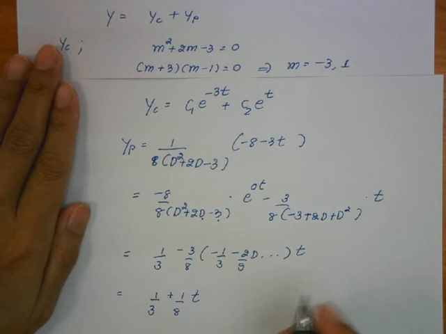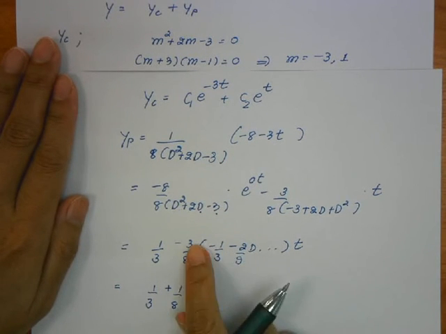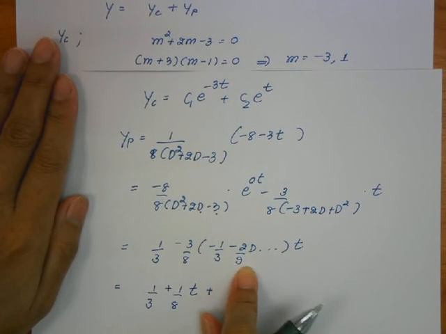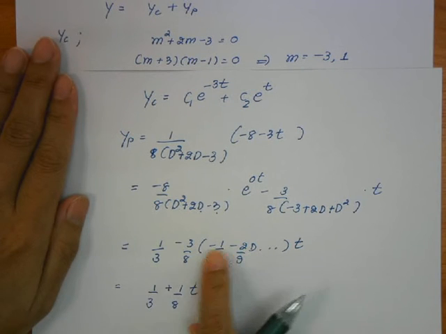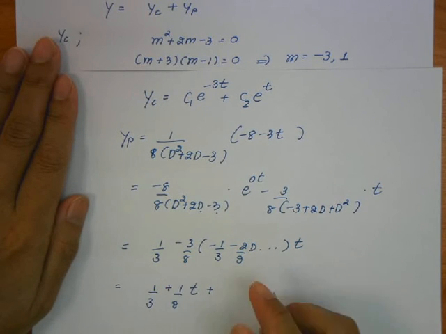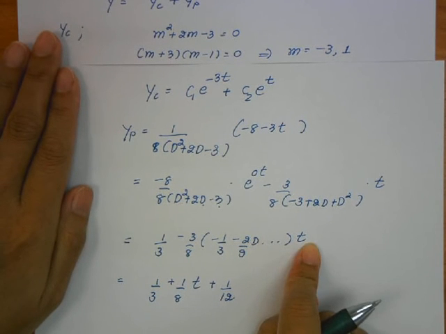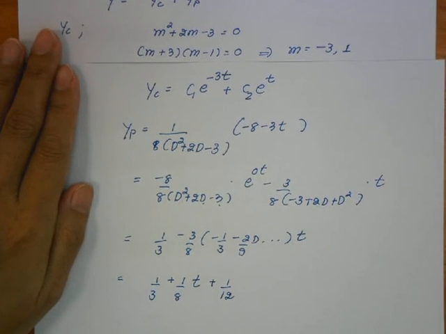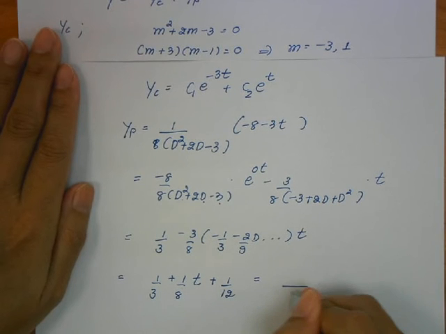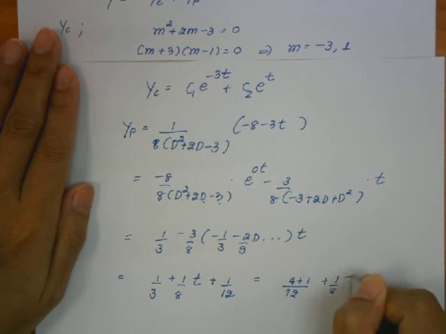Minus minus is plus, 3 and 9, you get 3 here and you got 4 there, so you got 12. And Dt is equal to 1. Get 5 over 12 plus 1 over 18.